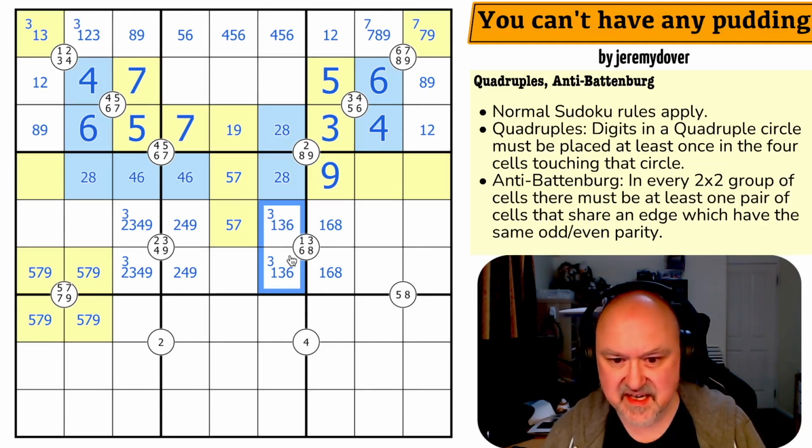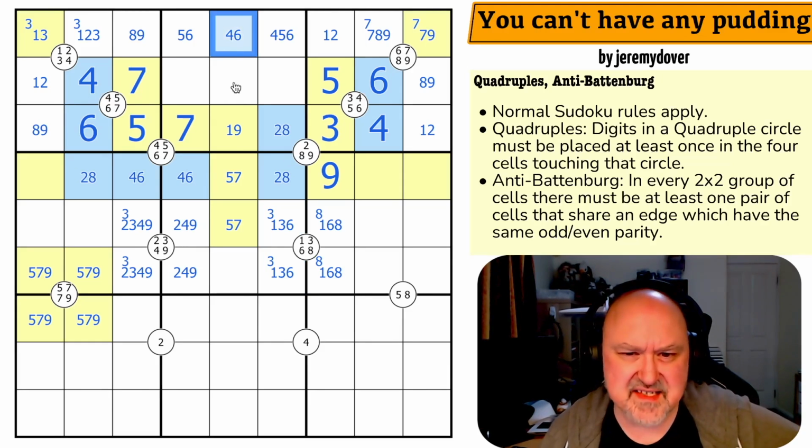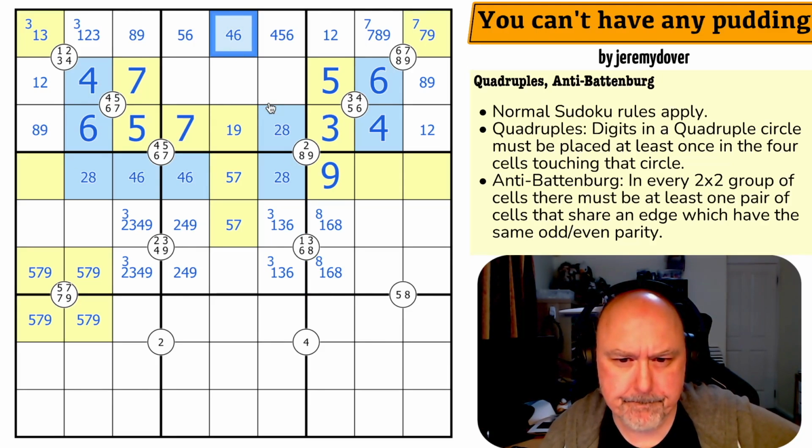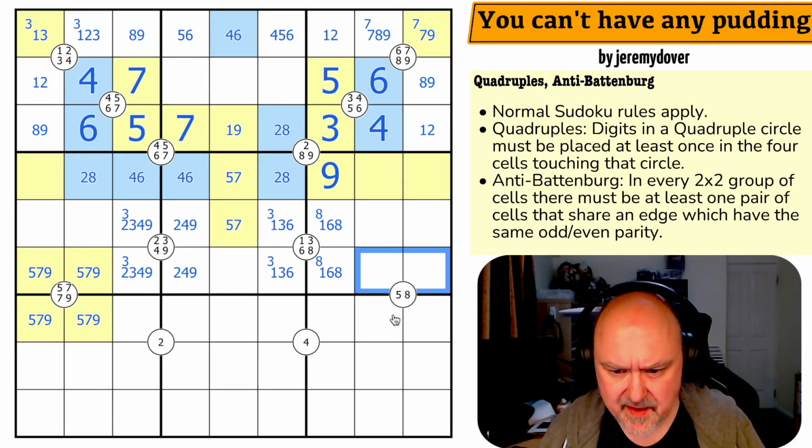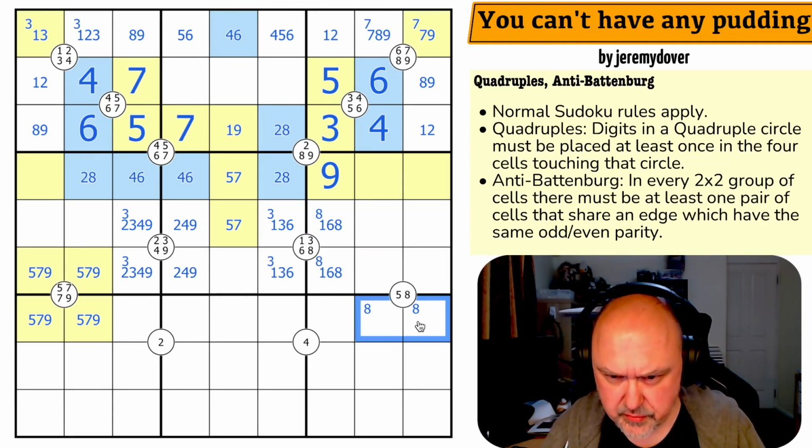The 2, 8 looks down, taking 8 out of those. So 8 is in one of those two. The 5, 7 looks up, taking 5 out of theirs. That's 4 or 6. So that's even. Eight is in one of those two, so it can't be in those, so it's in one of those two.